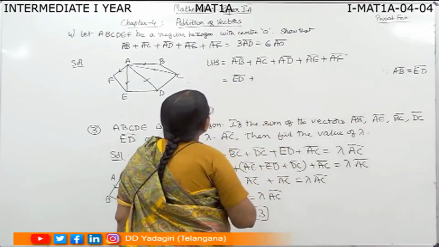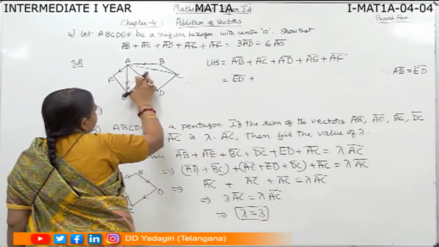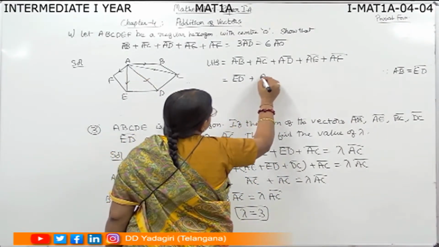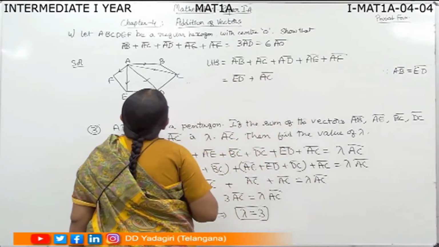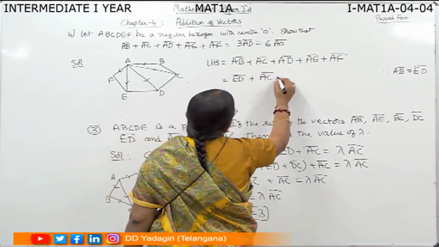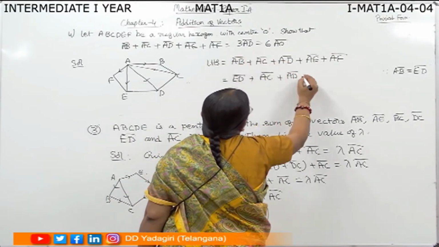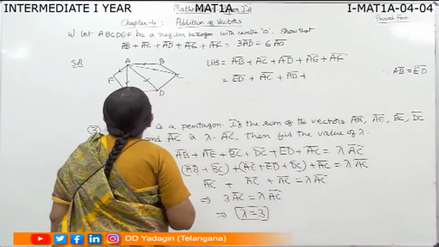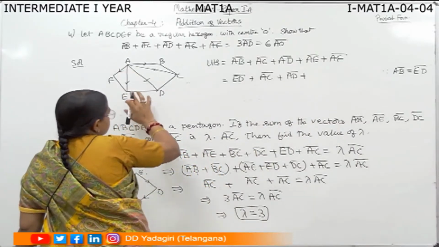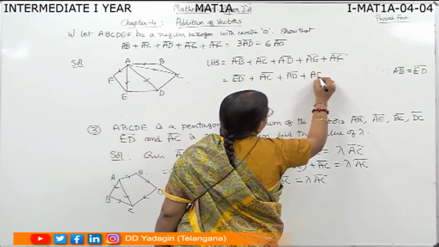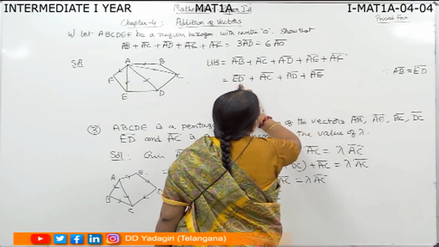Next AC, AC we will write as it is. Next AD, AD also we will write as it is because we should get AD. Next AE, AE also as it is because we can group AE and ED.